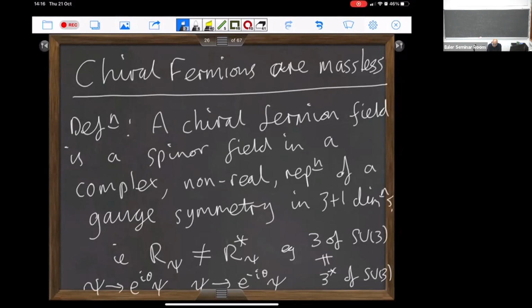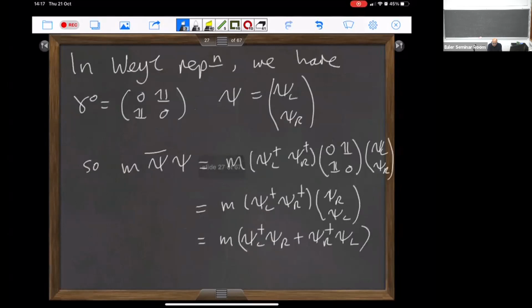They're not the same representation of U1. And similarly, the fundamental representation of SU(N) is not equivalent to the complex conjugate representation. And what we'll see is that it's this non-reality of the representation which prevents you from writing down a mass term. But to understand exactly why, it'll take a little while.